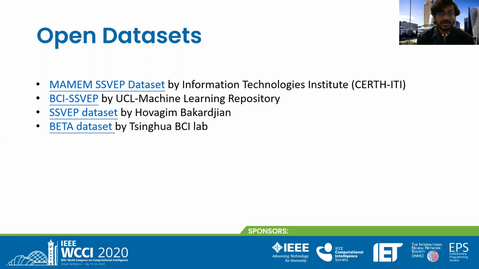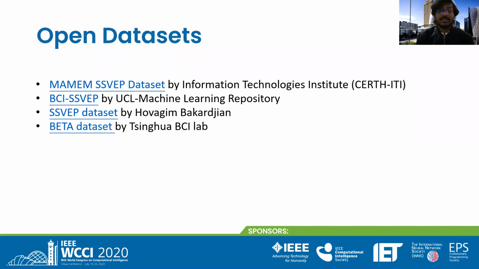There are also lots of other data sets from Tsinghua University and other professors. This is just a source. I'm showing you some of the data sets, but there are more available. Sometimes it's not easy to find, but there are always more data sets out there.